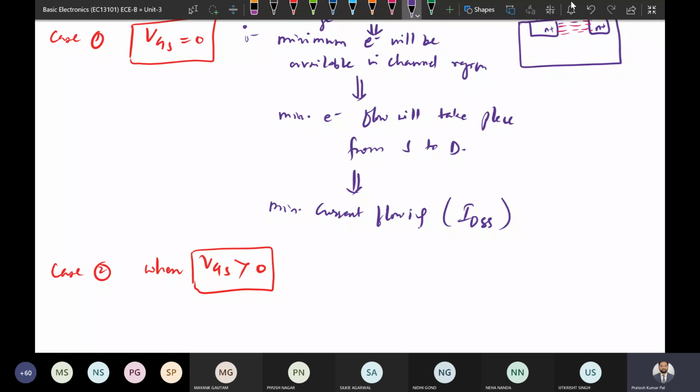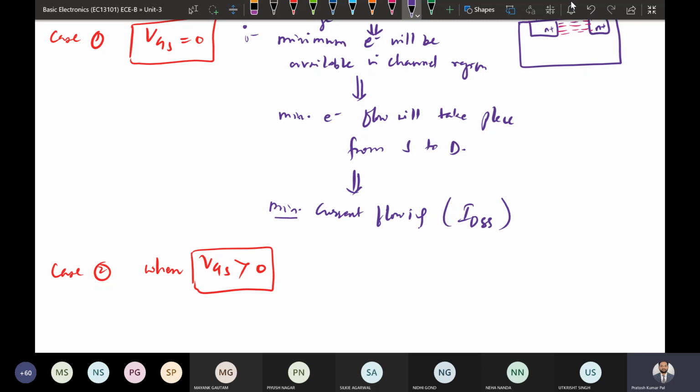This will increase the number of negative charges, that means electrons, in this region. So there will be more electrons available, and more electrons will be moving from source to drain. Therefore there will be an increase in current. That increase in current will be greater than IDSS. That's why when VGS equals 0, the current IDSS is there, and that is the minimum current.